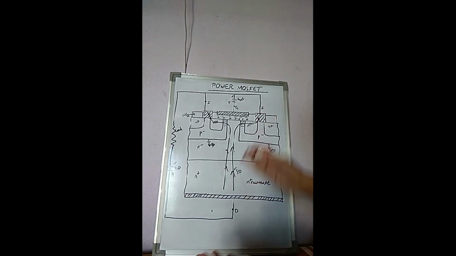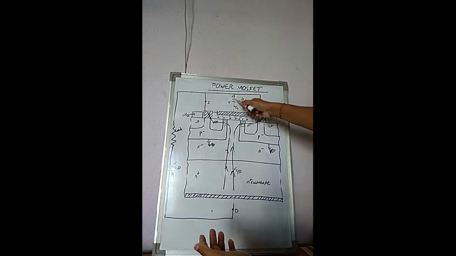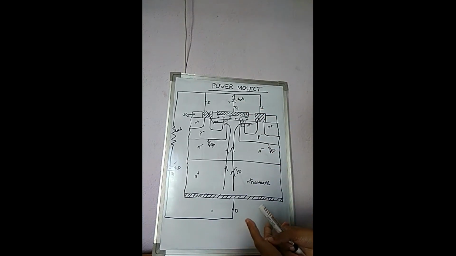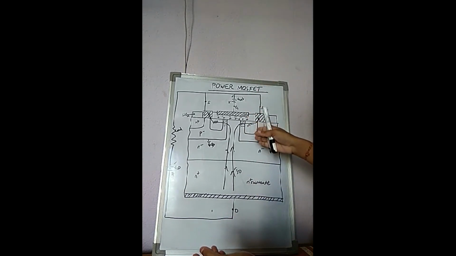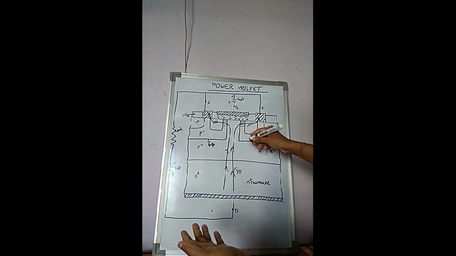With the gate voltage increased, current ID also increases. And here the length of the N channel can be controlled, so the on state resistance can be made low. Here the length of this N channel is short.